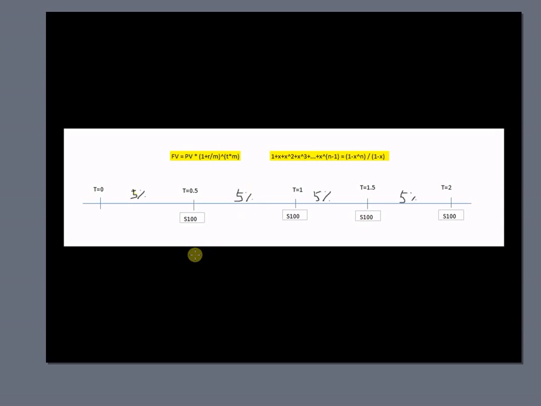Okay. So this value, when you work it back to t equals 2, we'll be using this formula. So it's $100 into 1 plus 5%, because it's 10 over 2, to the power of... okay, so instead of using this t times m, which would become 4, because this formula is meant to be a future value of a cash flow at t equals 0.